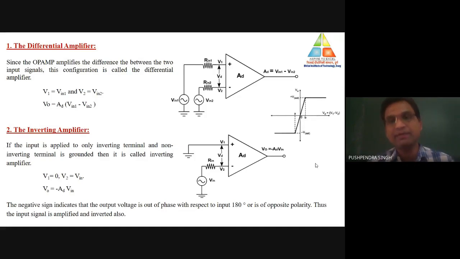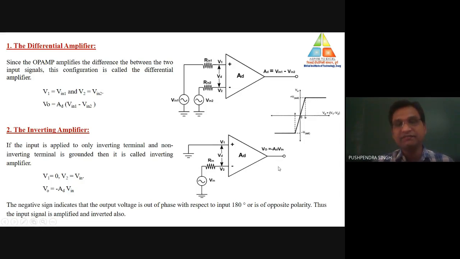But suppose for some application you want to amplify the signal. That means if you want more output, more gain, then which kind of feedback do you want? Positive feedback. In case of positive feedback, you need to connect the circuit between the output terminal and the positive input terminal of the op-amp.